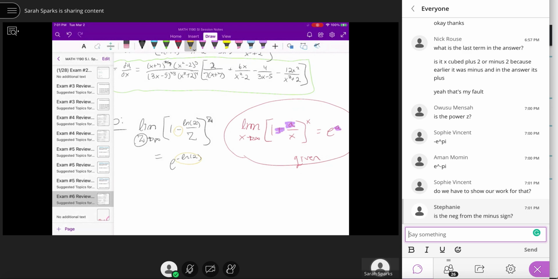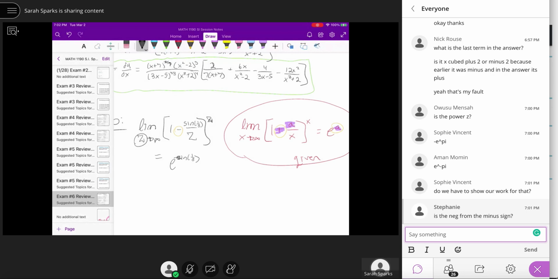If it's positive, the exponent will be positive. But another example, this could be positive e, and then you could get e raised to the e power, or you could have a negative sine of 1/3, so it'd be e to the negative sine of 1/3.